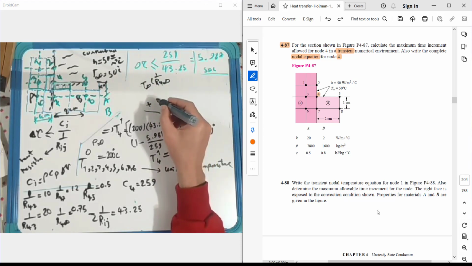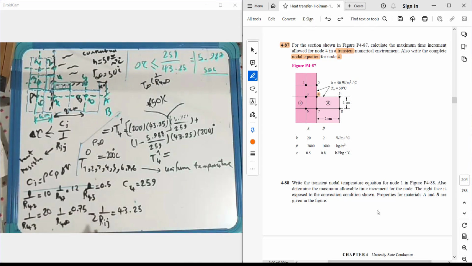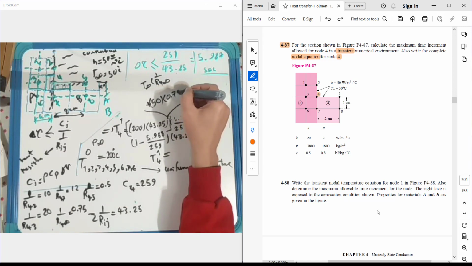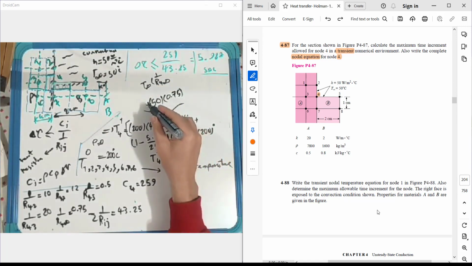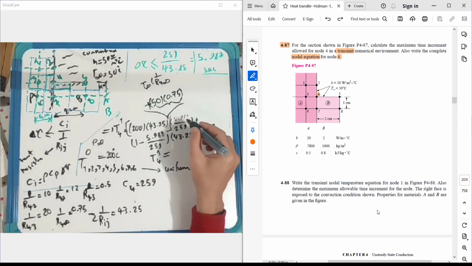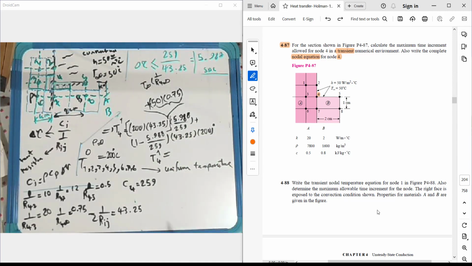Okay, T infinity is 50 and R infinity is 0.75. I should add this value to these ones, and all like before, 5.988.